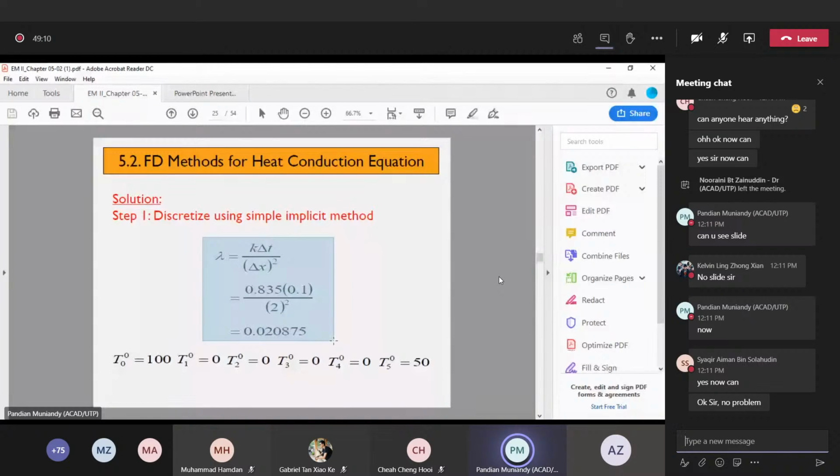Now you can confirm with us: lambda equals K multiply del t divided by del x squared. This formula you must memorize, and it will be given. You must be very familiar with this formula, otherwise you cannot find the lambda. If the values are not given, you can ask. You cannot create your own K value especially.